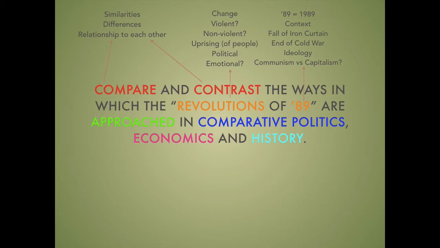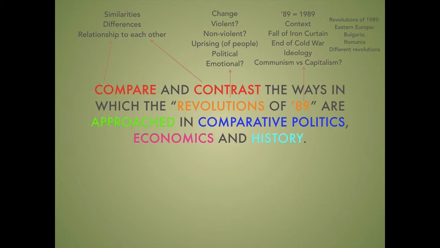'89. Now '89 refers to 1989. It's the context of this question. In 1989, it was the fall of the Iron Curtain, the end of the Cold War. So we're thinking about ideology, communism versus capitalism. Now, the revolutions of '89 together, we're looking at Eastern Europe, Bulgaria, Romania.